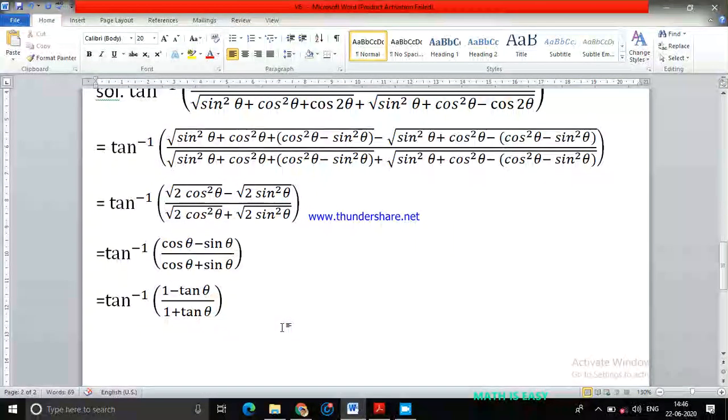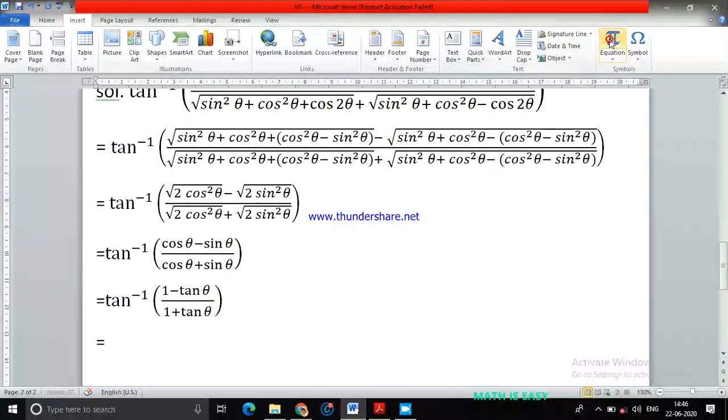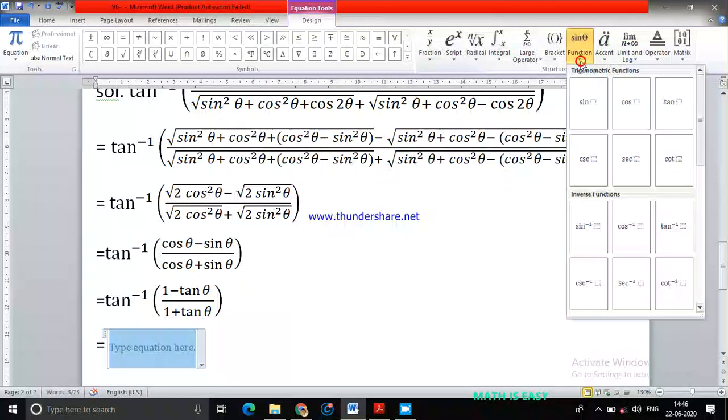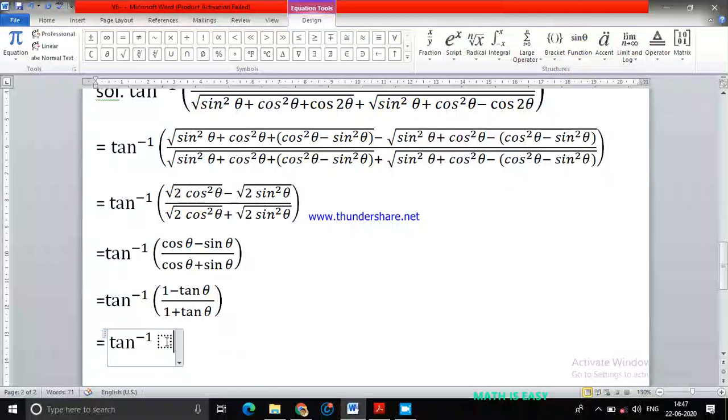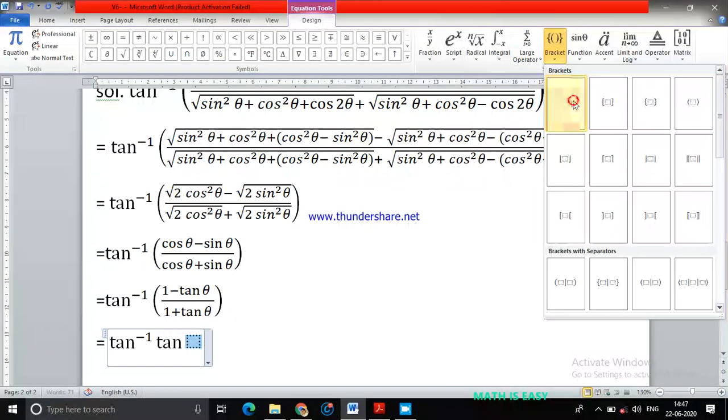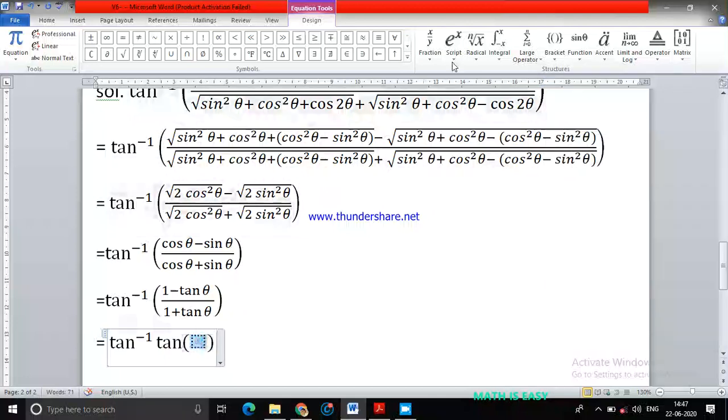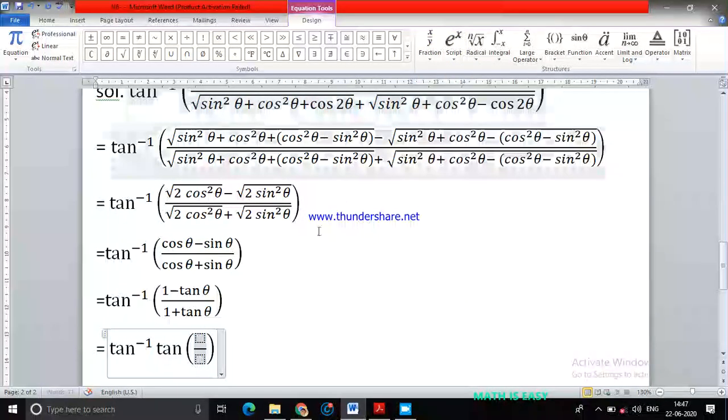Okay, so the last and final step, which is under tan inverse. If you remember, 1 minus tan theta upon 1 plus tan theta is nothing but the formula of tan of pi by 4 minus theta.